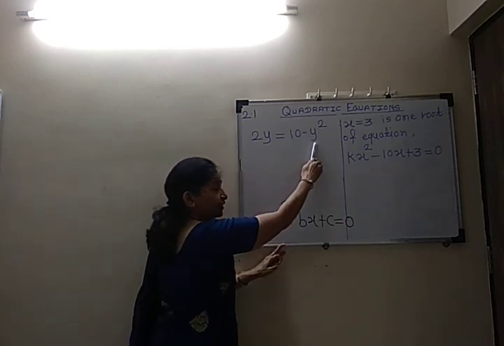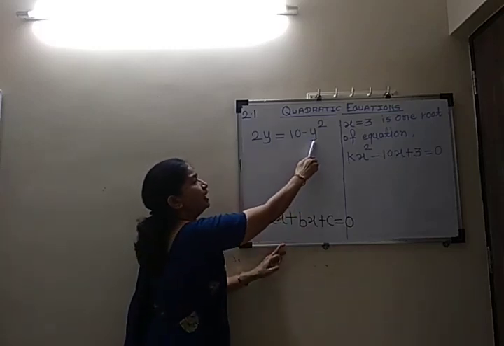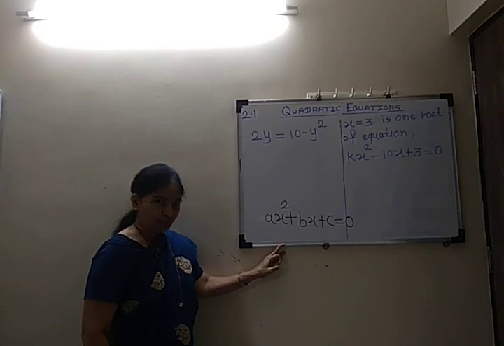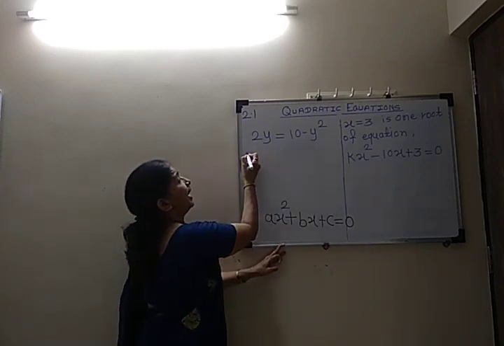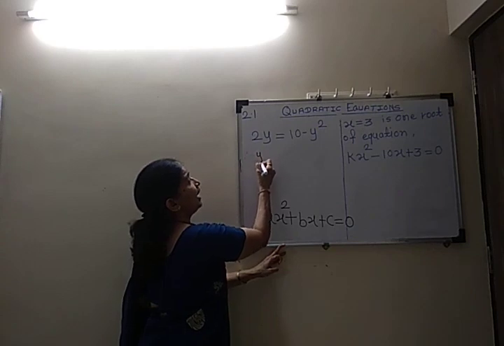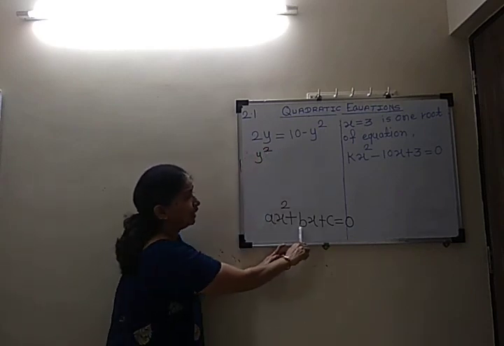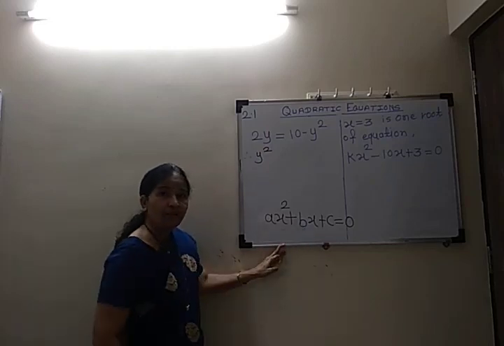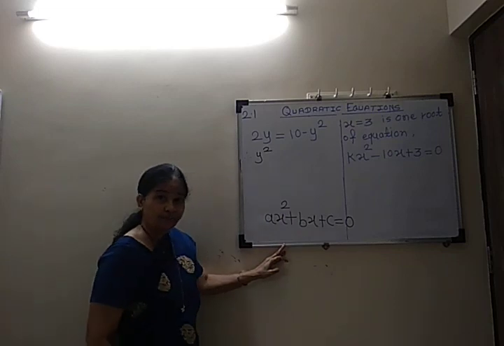Now, this is on the right side, I will bring it to the left side. So minus y square will come as y square. After that, take a glance here, they have written bx.